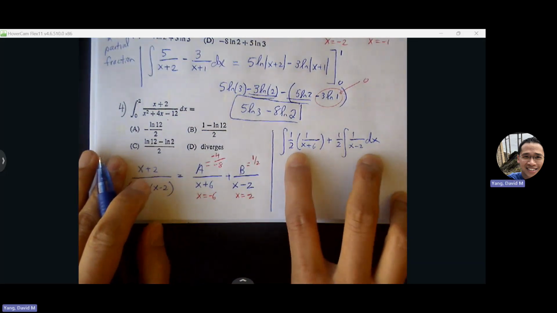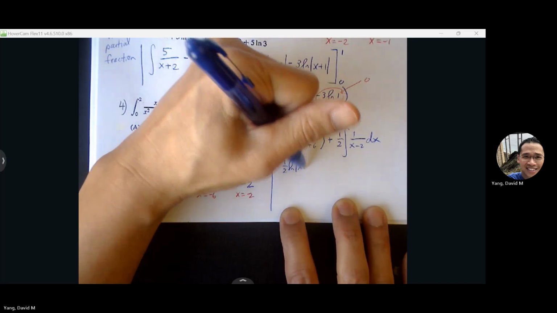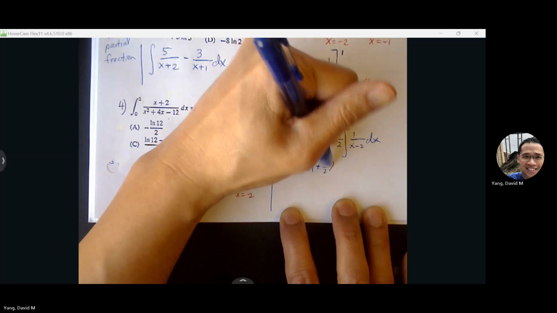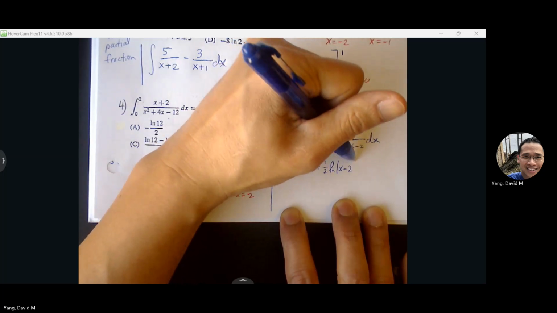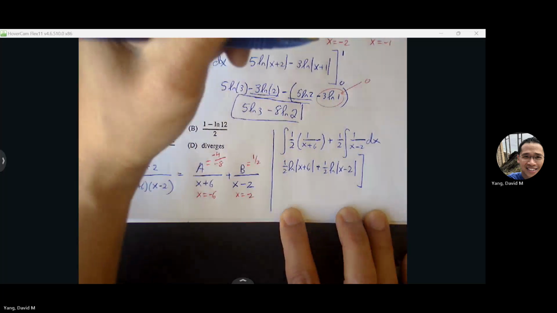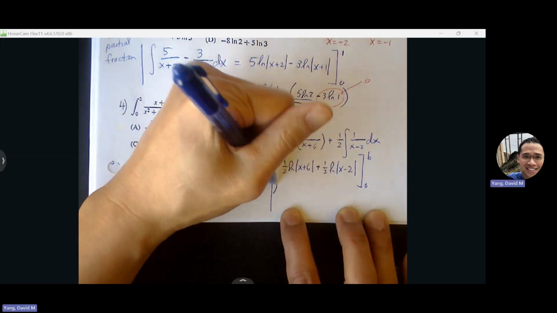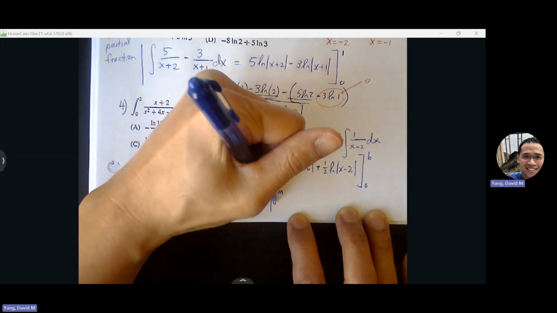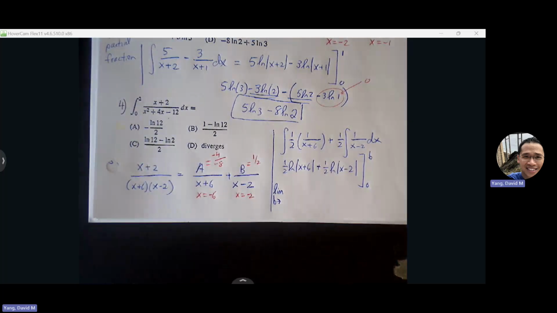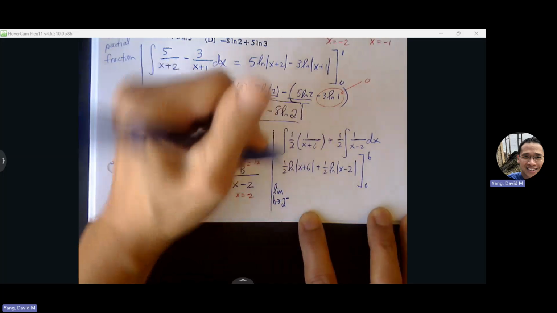So natural log for both, 1/2 is going to stick around. This is going to be the limit as b approaches 2. Now we're going from 0 to 2, and we're approaching that asymptote from the left side of 2.